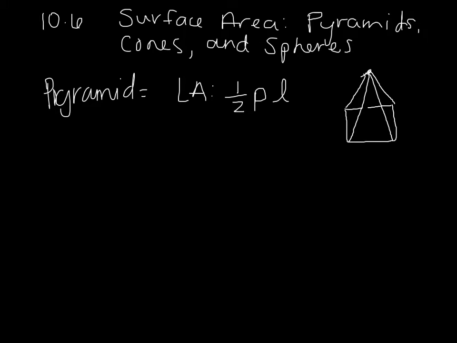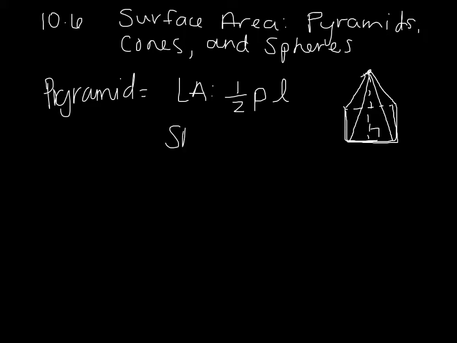First we have to find the perimeter of the base, which would be this. Then we have to find our length, which is this right here, or the height of one of our triangles. That's what we need to find our lateral area.